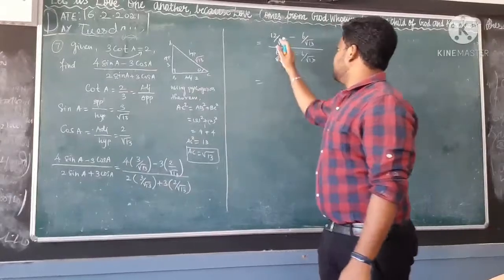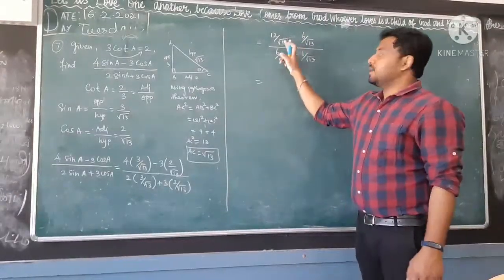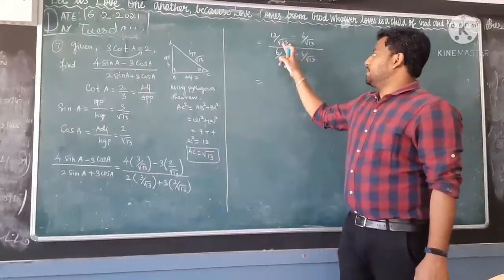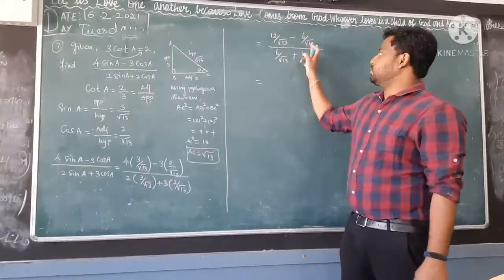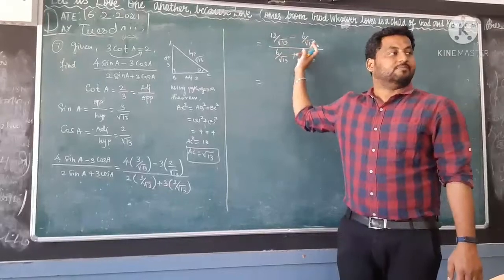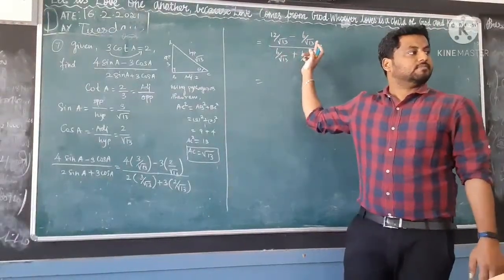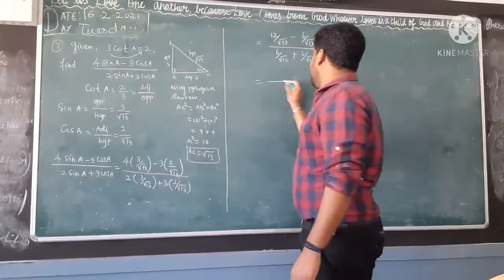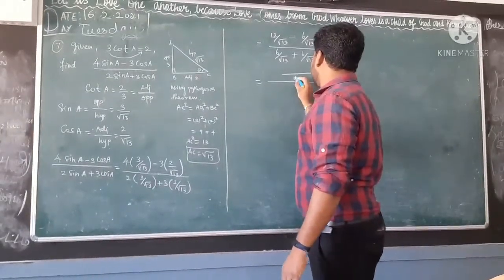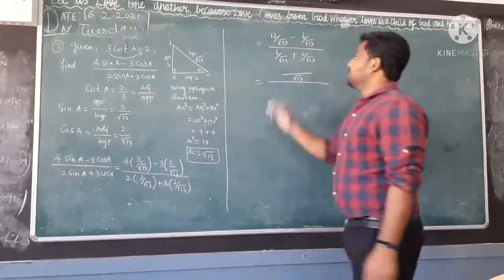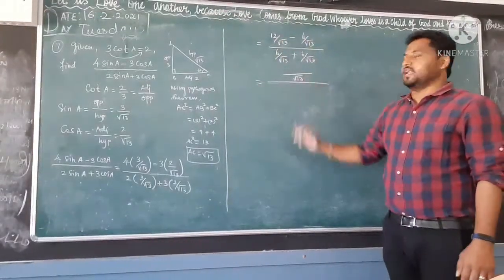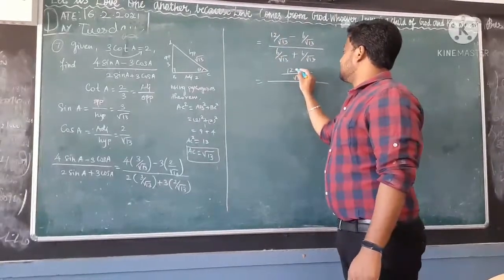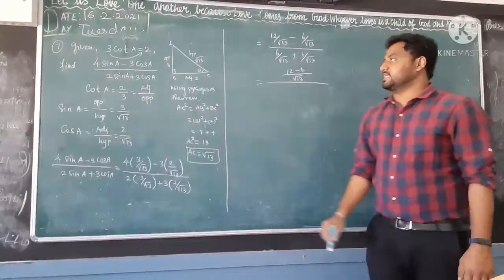Now look at the numerator. Two fractions are there with subtraction: 12 divided by root 13 minus 6 divided by root 13. Since the denominator is the same, both having root 13 as the denominator, we take the common denominator root 13 and write 12 minus 6.